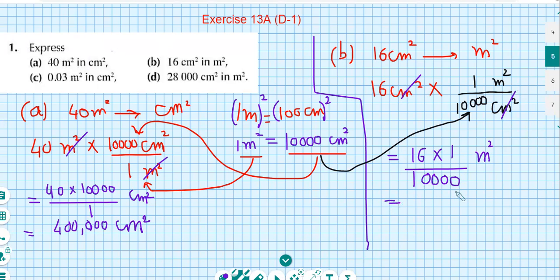Or if we divide it, there are 4 zeros in the 10,000, so the point will go 4 steps backward. So it will be here. So it means 16 centimeter square is equal to 0.0016 meter square.